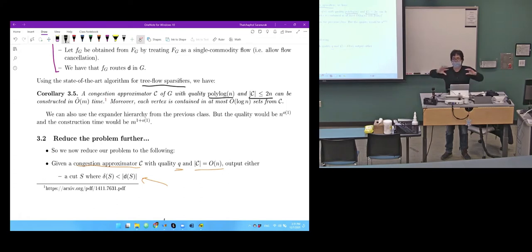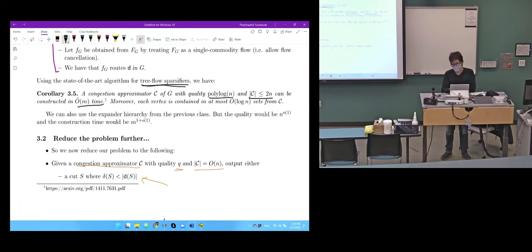Because the tree has n leaves, and the tree edges can be just 2n minus 1 at most. And the best algorithm here can construct this tree-flow sparsifier in linear time. So you get the congestion approximator in the same time.